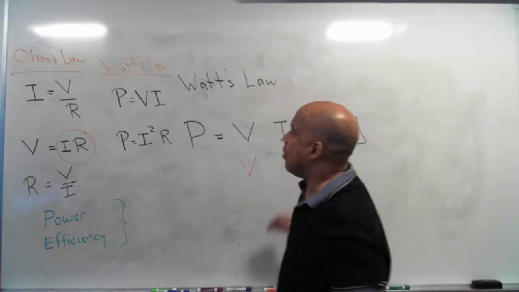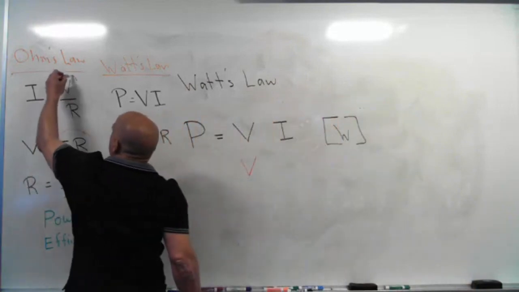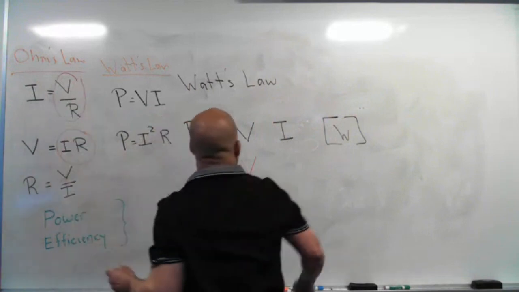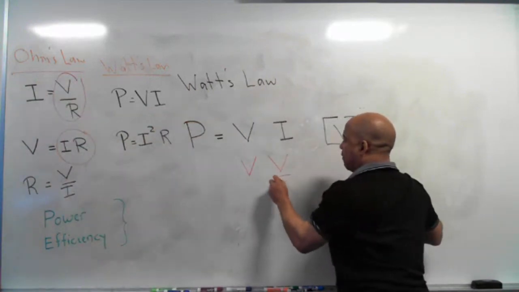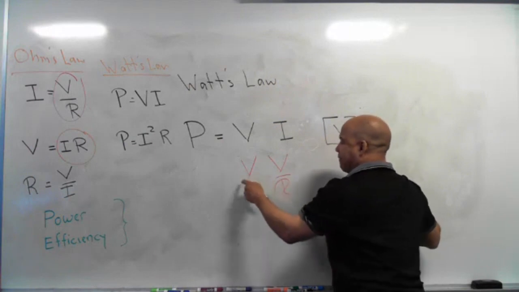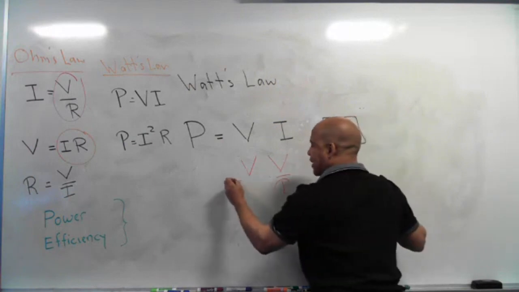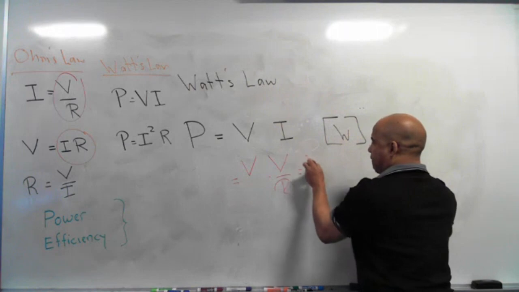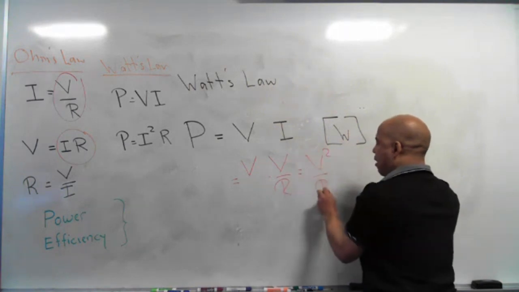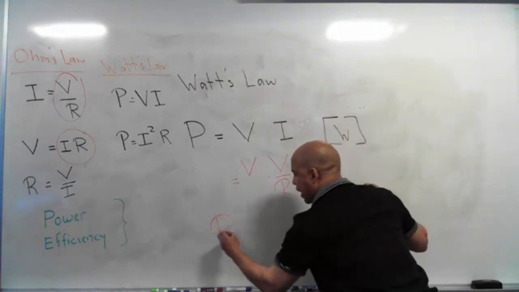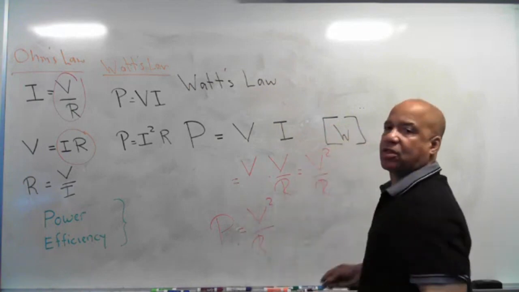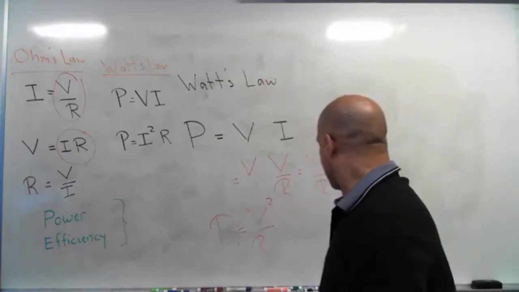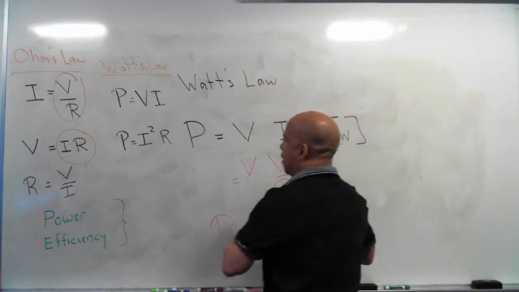What's I equal to? Well, Ohm's law says that I is equal to V over R. So in the place of I, I'm going to substitute what it's equal to. It's equal to V over R. So now I got V times V over R, and that's going to give me V squared over R. So P is also equal to V squared over R. So now I got a third way of calculating power. P equals V squared over R.